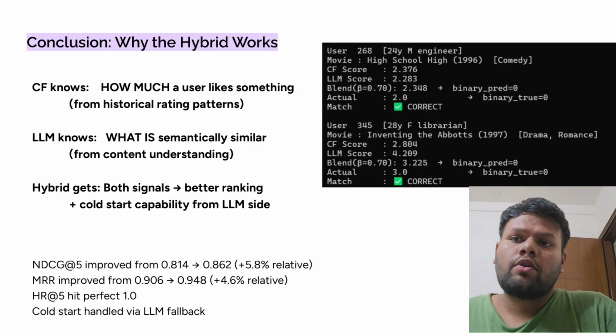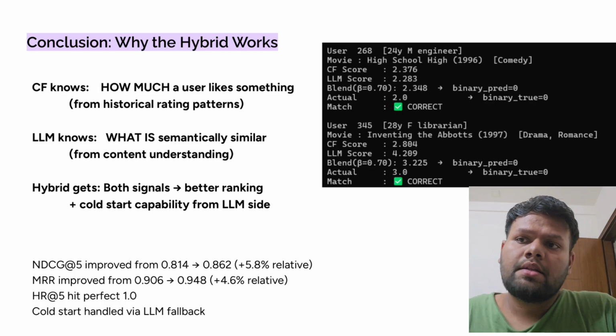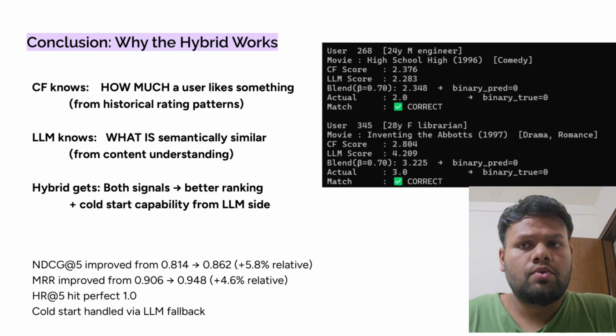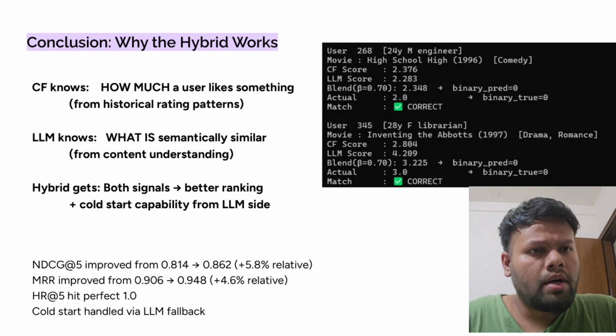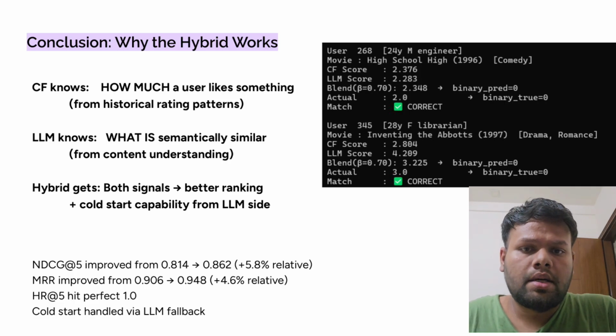So, to summarize, what we have built and validated is that CF knows how much a user likes something, from the historical rating patterns, and the LLM handles what is semantically similar, from the content or context understanding, the actual description of the movies and the users.